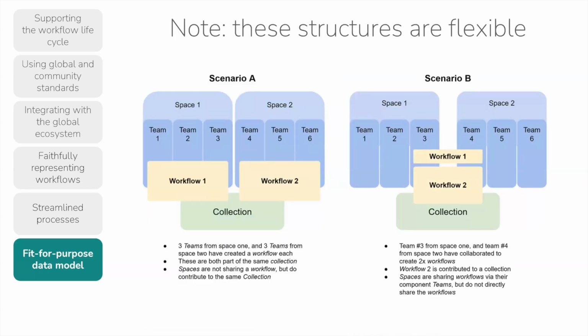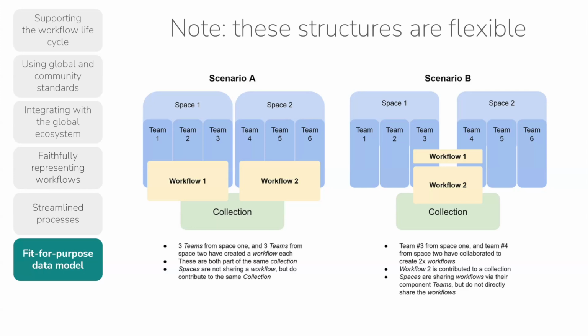As I said before, this data model is really set up to accommodate any type of collaboration or workflow development process. So it works for a single workflow developer or a single lab group that has a team. But as the diagrams here allude to, it can actually accommodate much larger collaborations. So in these two different scenarios, you've got two spaces, which might be big research organizations.